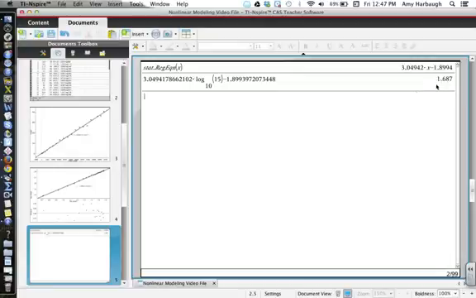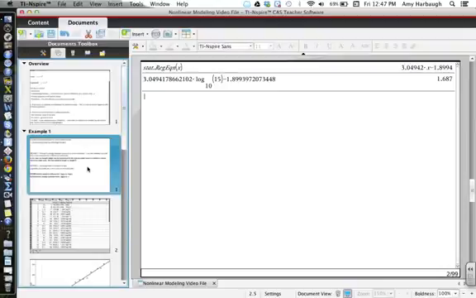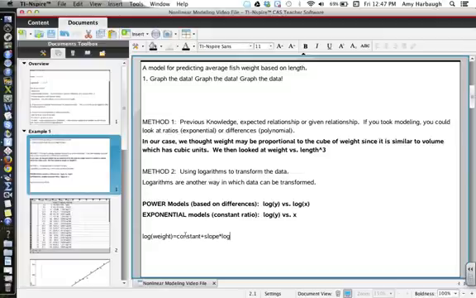I'm going to go to the notes page just for a second. Okay, so what I had is the log of weight was equal to a constant plus the slope times the log of x, length.